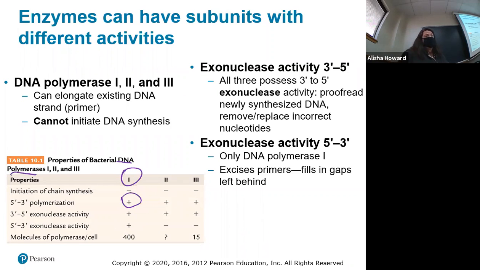Now that you understand domains, and you learned back in Gen Bio that a protein only has one specific reaction, that's not true, but a domain only has one specific. So the polymerization will be one domain that does it, or subunit. In this case, it's subunits. You have another subunit that will do the 3' to 5' exonuclease. And you also have another subunit that needs to do the 5' to 3', because they have to be different.